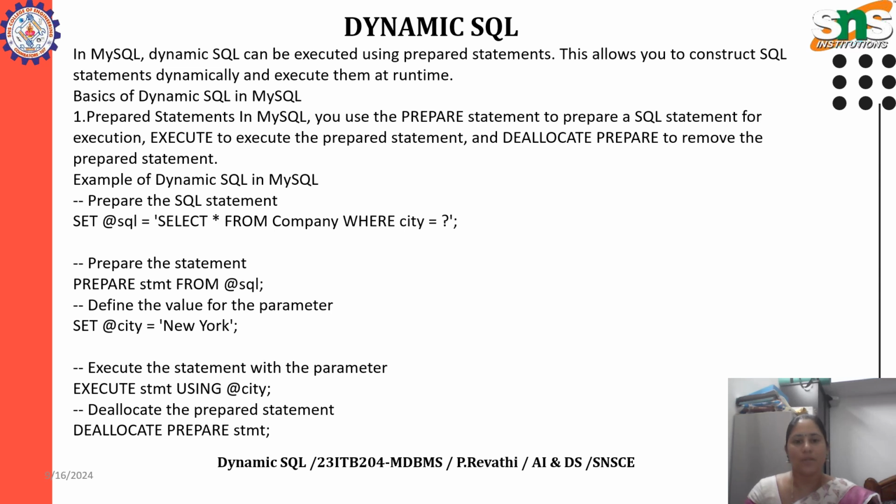Execute the statement with the parameter: EXECUTE stmt USING @city. Now we are deallocating the prepared statement: DEALLOCATE PREPARE stmt. So using the prepare statement, we execute it, and using deallocate prepare we remove the prepared statement.